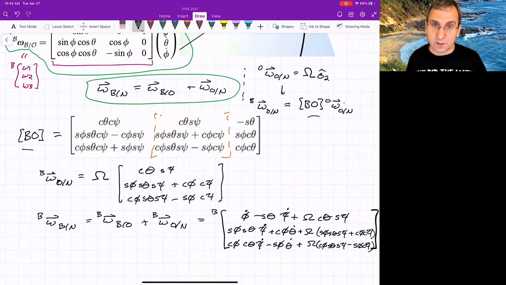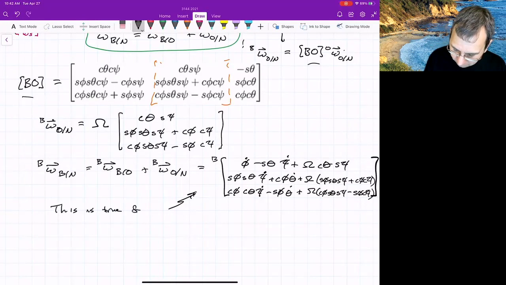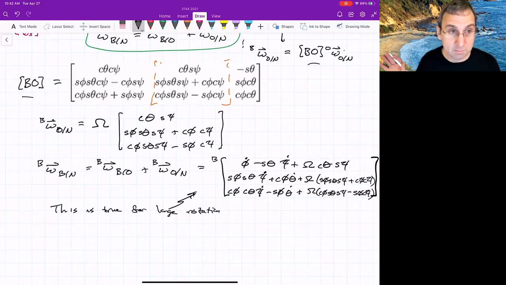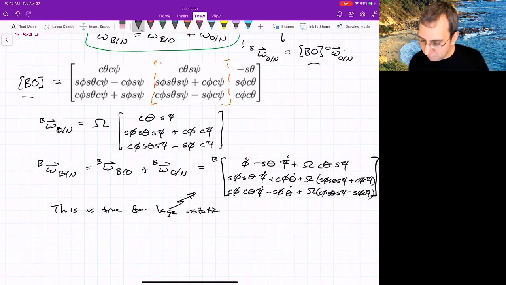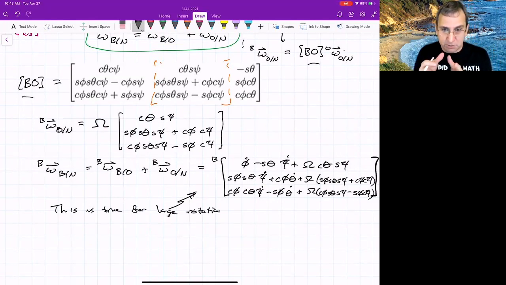But next, we want to look at a small rotation. So this is true for large rotations, I mean, arbitrary, small and large. But we're going to make an assumption now, a small angle approximation. We only want to look at yaw, pitch, and roll angles that are small, because what we want to know are small deviations from equilibrium. Small deviations from equilibrium will correspond to small yaw, pitch, and roll angles.